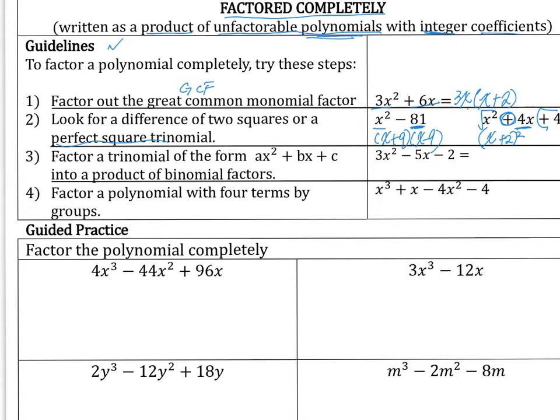And thirdly, we can also factor a trinomial of the form ax squared plus bx plus c into a product of binomial factors, which we learned in an earlier lesson.